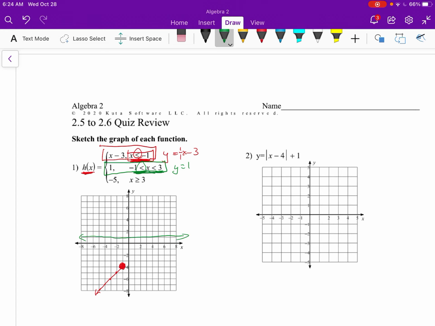Both inequalities do not have the or equal to. So we want to go and erase. And we want to keep from negative 1 up to 3. And we put open circles on both ends there.